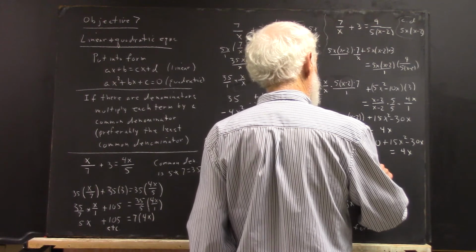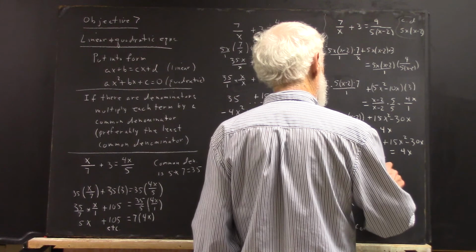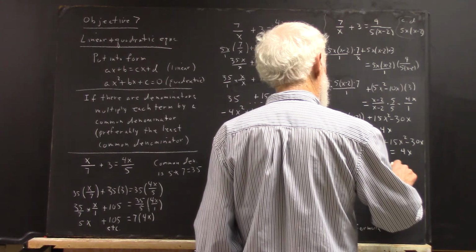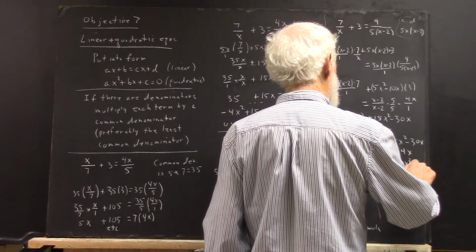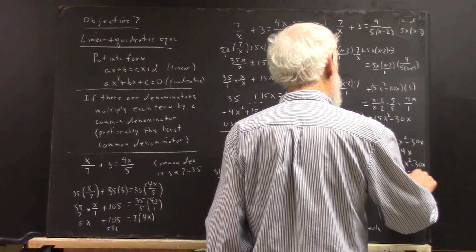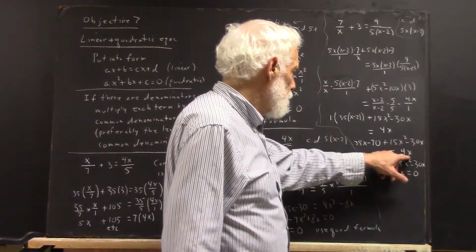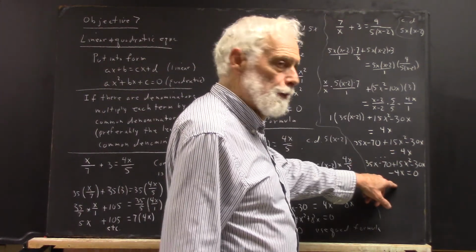We're going to have, I'm going to put dots here, but there we have it. Subtracting the 4x from both sides. The dots mean you need to show that step.